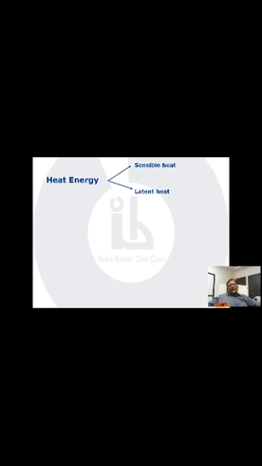Now, the sensible heat, please remember, is very easy to assess, very easy to measure. What you need is the mass, the temperature difference because of addition or deletion of heat, and the specific heat characteristic of that substance. It's a constant.